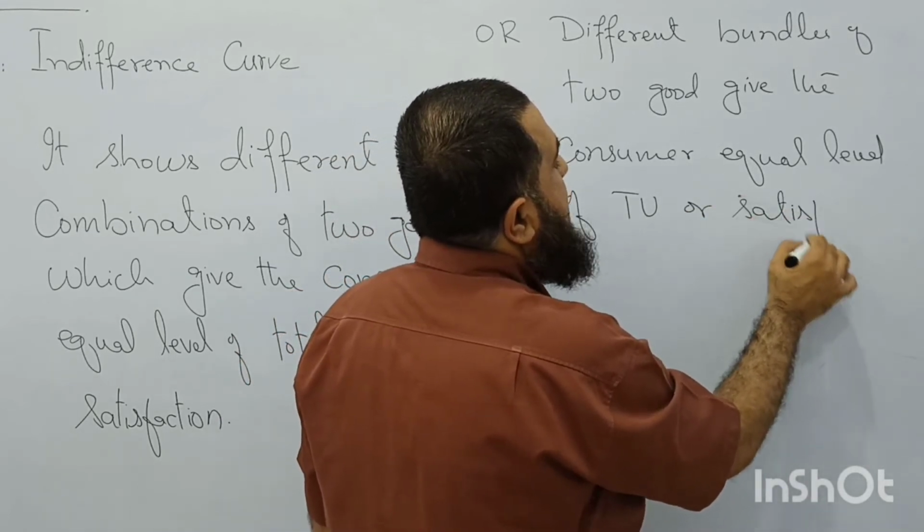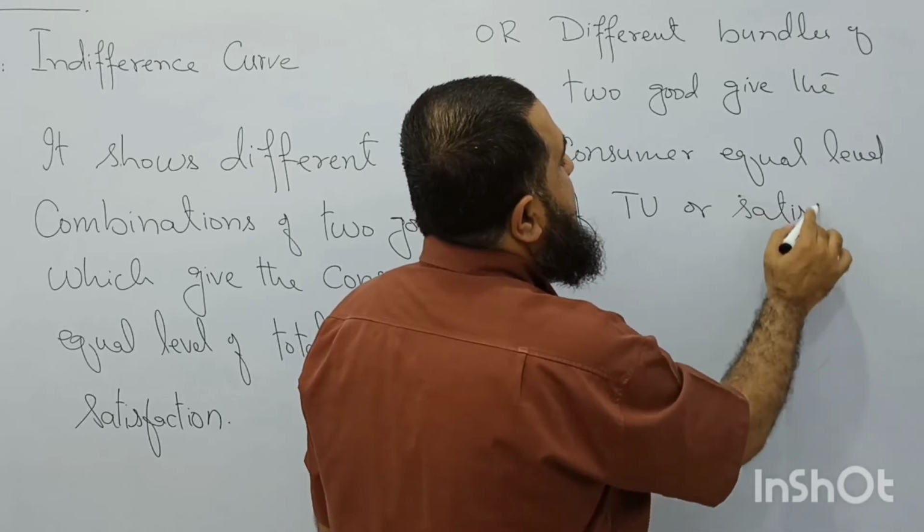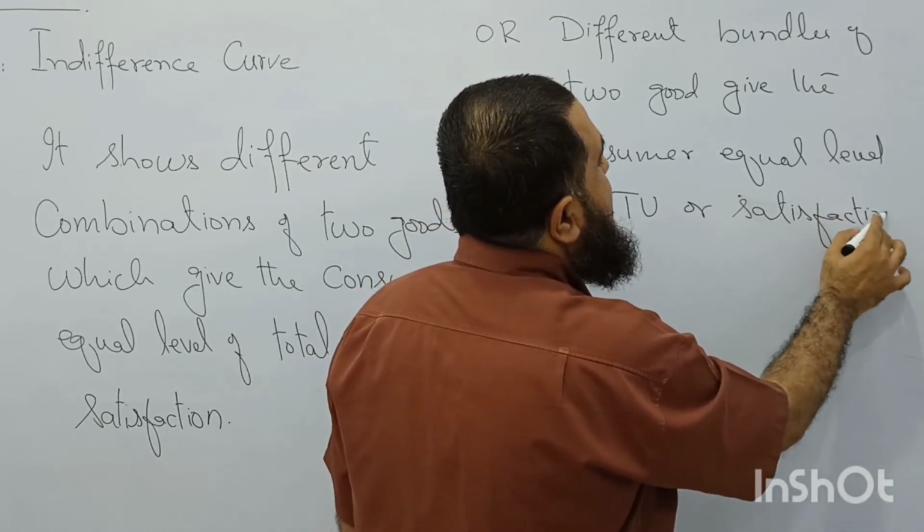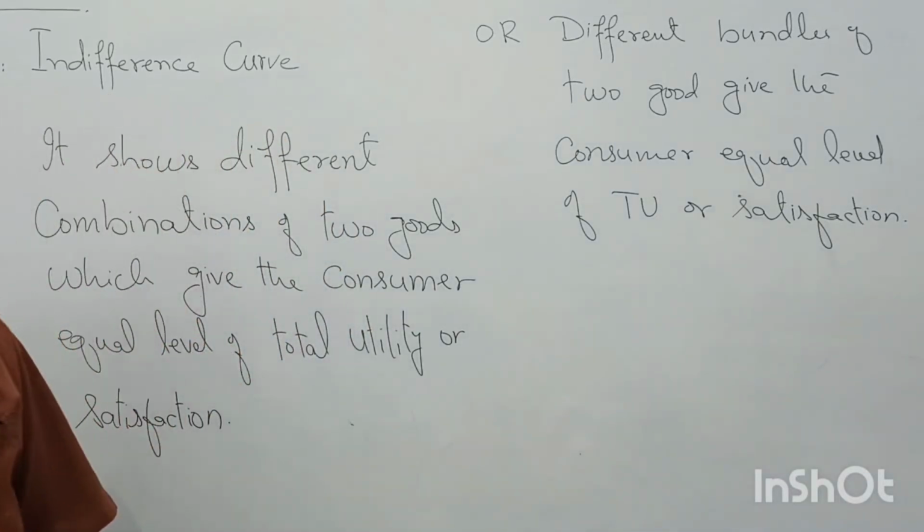Along one indifference curve, the satisfaction of the consumer will remain the same. Clear? So now what two goods is a consumer going to consume?